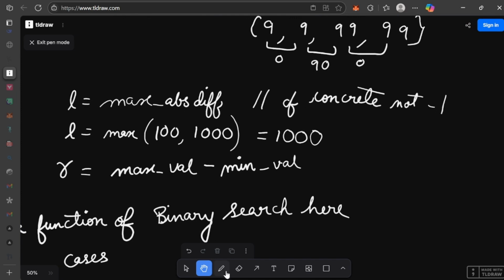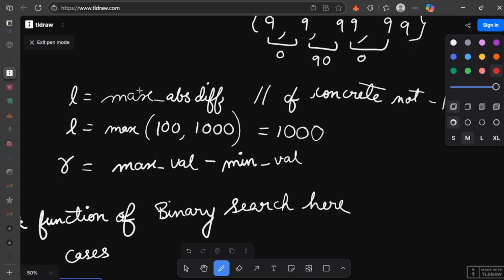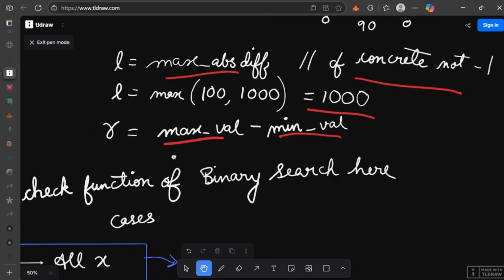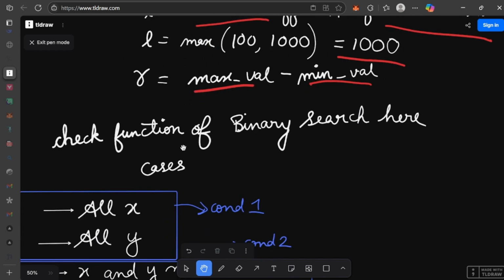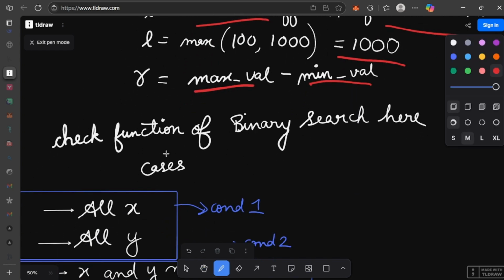So our left was max absolute difference of concrete non-negative values, and our R was max concrete value minus min concrete value. Now we would implement the check function of binary search here.